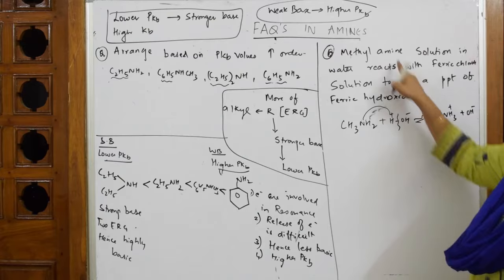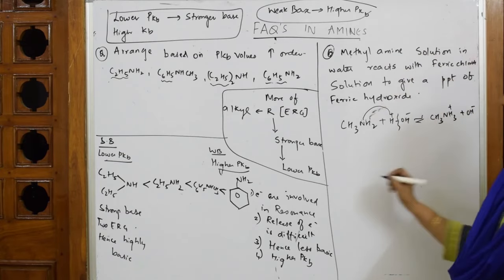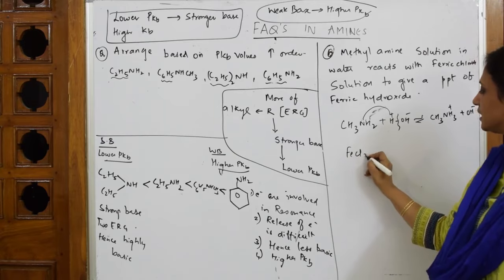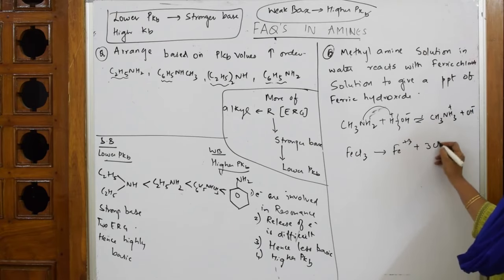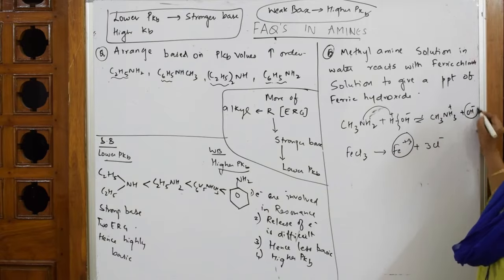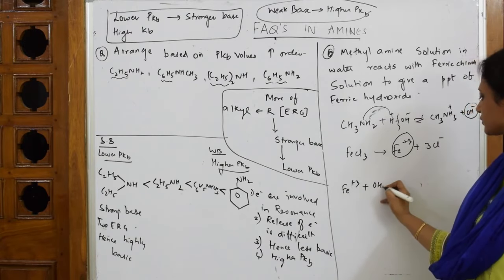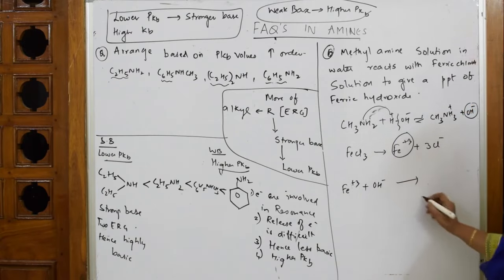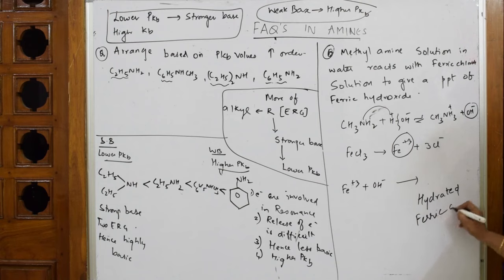Now they said the methylamine solution in water reacts with ferric chloride. So ferric chloride, what happens? FeCl3 will break up into Fe3+ and 3Cl-. Now this Fe3+ is going to combine with your OH- and form a compound called hydrated ferric oxide.